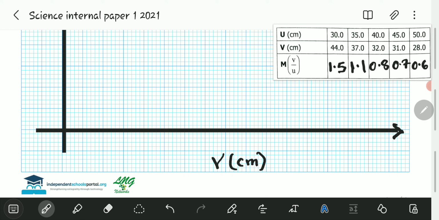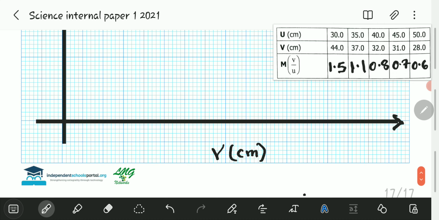The standard graph paper that you're going to have may have about 10 boxes on the x-axis. Now, 10 boxes means that the distance between the first point, which is 28, and 44 should not be less than 10 times 3/4, which is 7.5.